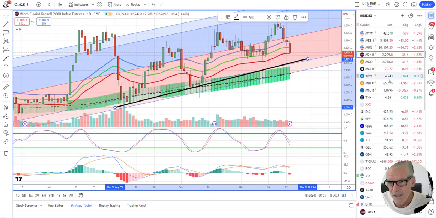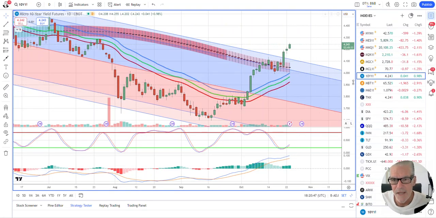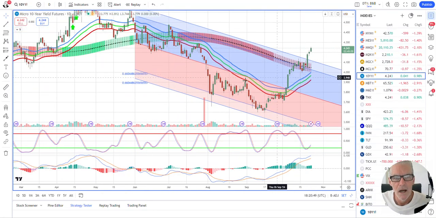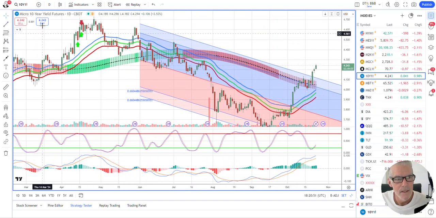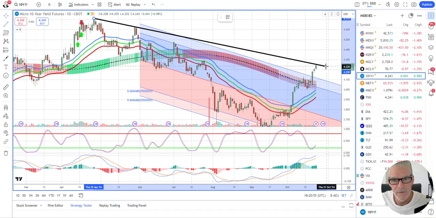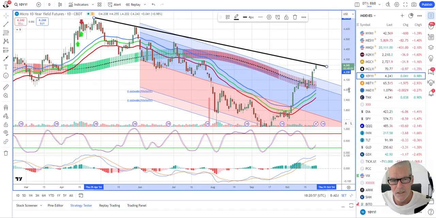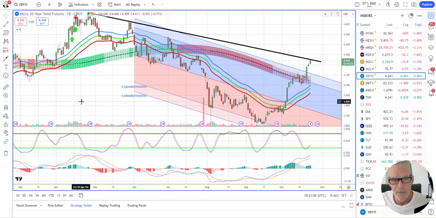Let's take a look at the 10-year yield. I do think that we have potential here of a top, and I say that from a technical perspective. There is your resistance trend line on the top of this downtrend. These are the yields now. Keep in mind, bonds themselves have been in a downtrend for years, absolute years.